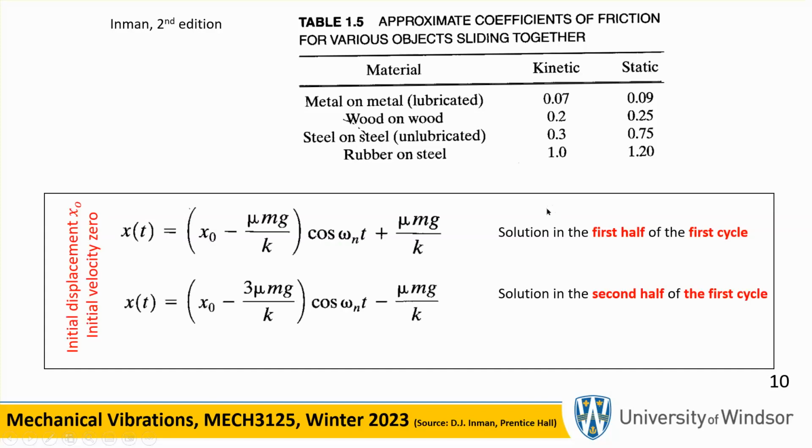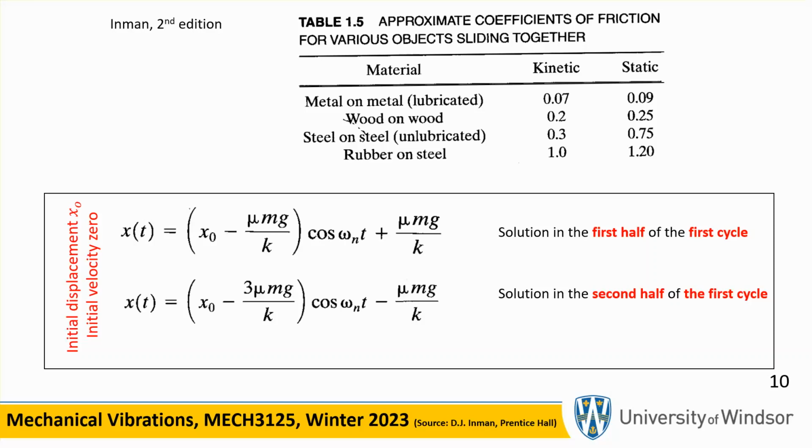Now, those two equations that I had in the previous case, each one of them we can easily solve, because those are things that you did in your differential equations course. I don't expect you to solve that, but I'm giving you the solution. It's so simple.